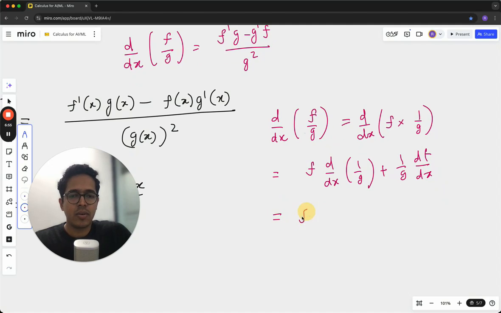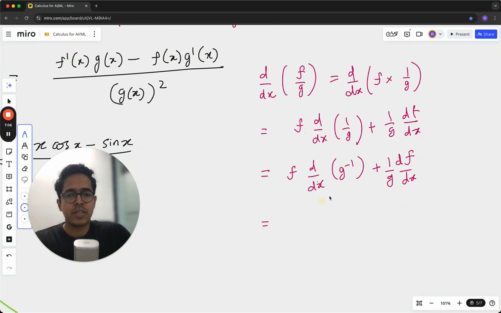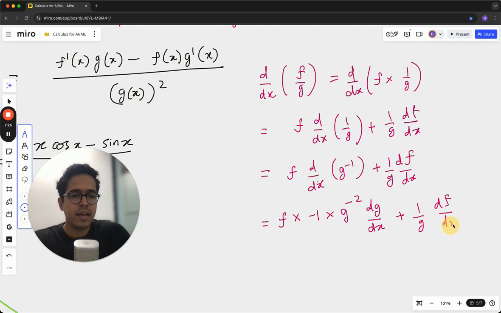And this is equal to f times d by dx of g raised to minus 1 plus 1 by g df by dx. Now, what is d by dx of g raised to minus 1? According to the power rule, it's minus 1 times g raised to minus 2 dg by dx. So this will be f times minus 1 times g raised to minus 2 times dg by dx plus 1 by g df by dx.